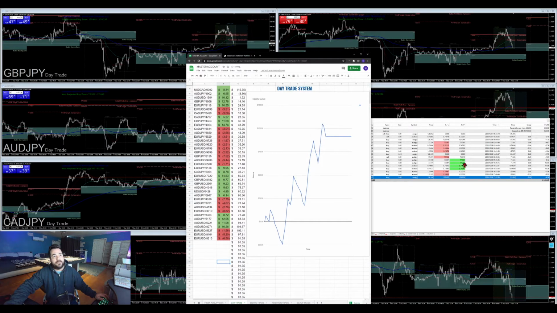Okay, so let's dive into this here real quick. Yeah, really disappointed. I thought I had it, but it was a fake out. We had these wins right here, which are my Australians, 2 of them being the Australian yen, 2 of them being the Australian dollar, right in here. And then our 3 losses after that were right in here.